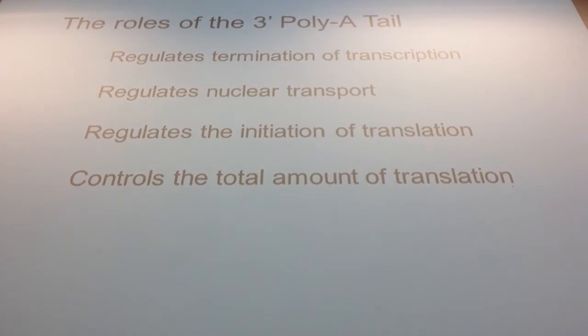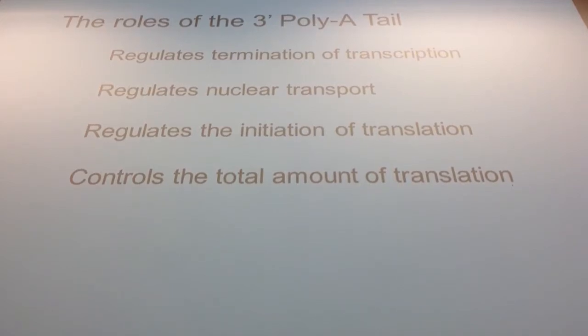So both the cap and the poly A tail. What happens if you're missing the poly A tail, or you're missing a cap that is supposed to be there? Then no delivery, right? No transport. Okay. All 3 of those so far are in the nucleus. Let's go out into the cytosol.